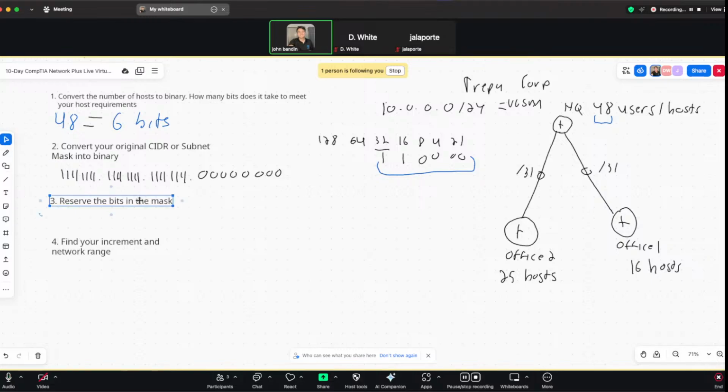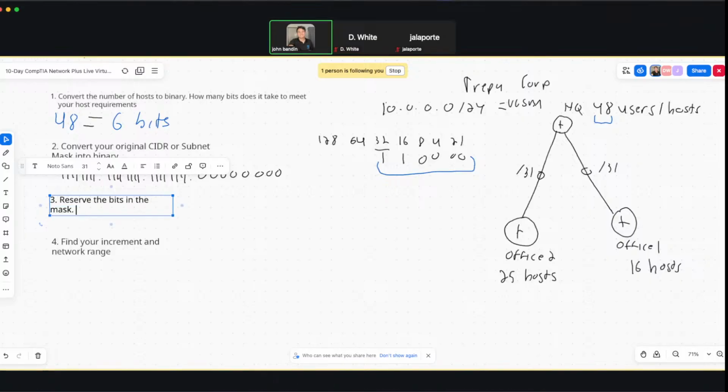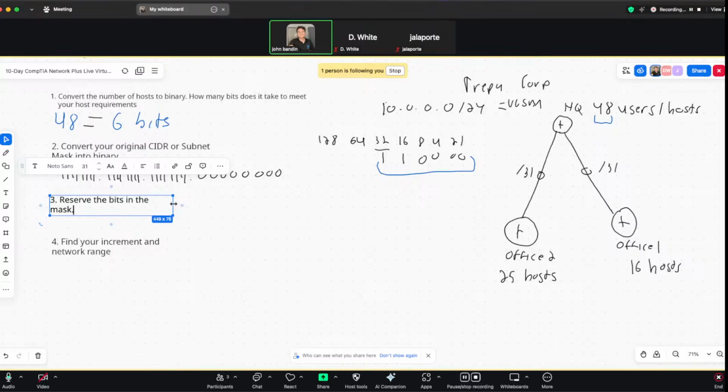Now step 3, reserve the bits in the mask. So how many bits did it take to meet our host requirement of 48? It took 6.